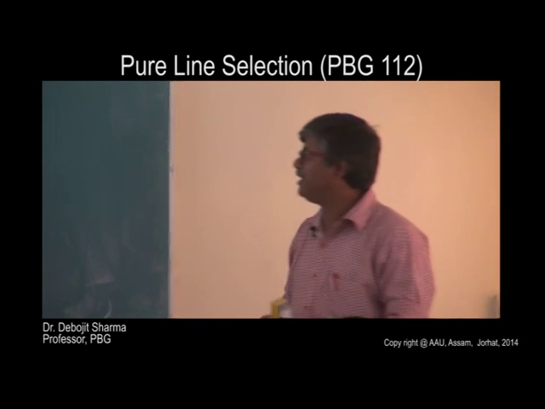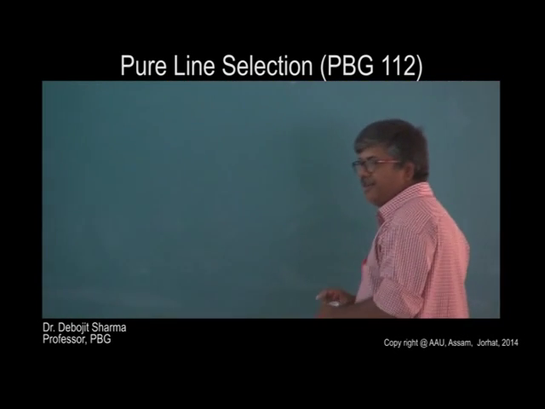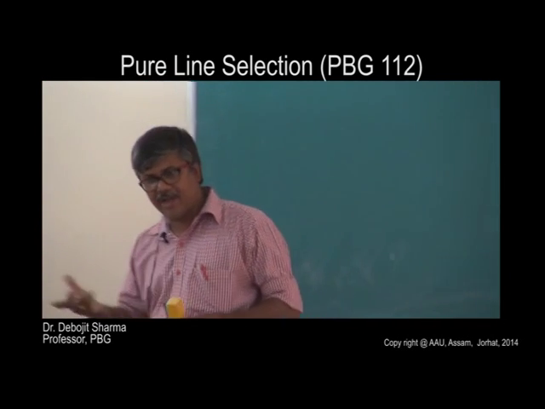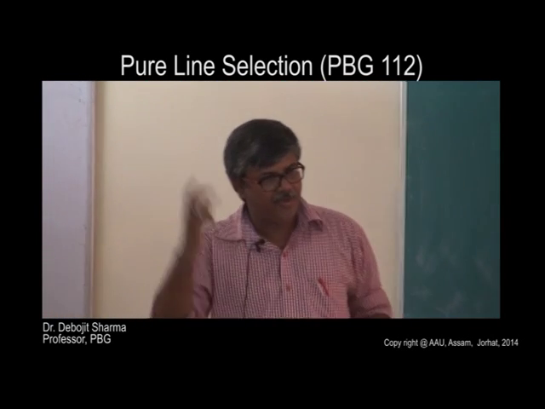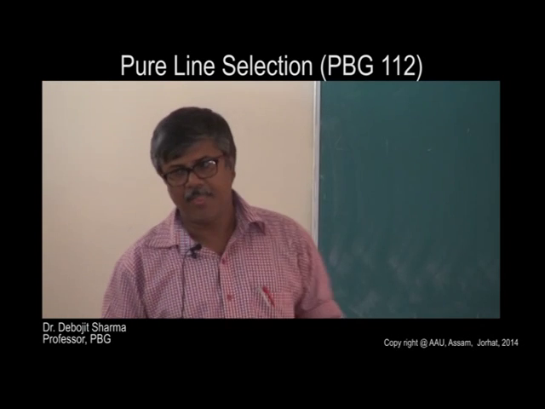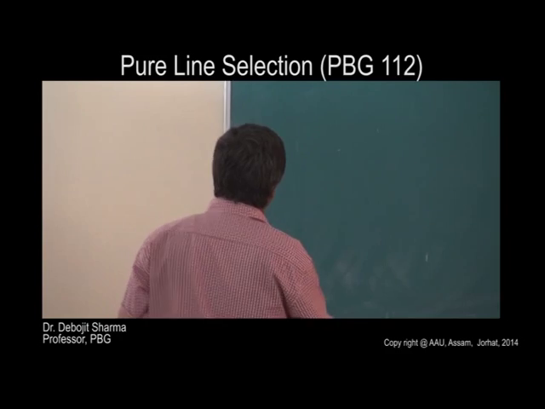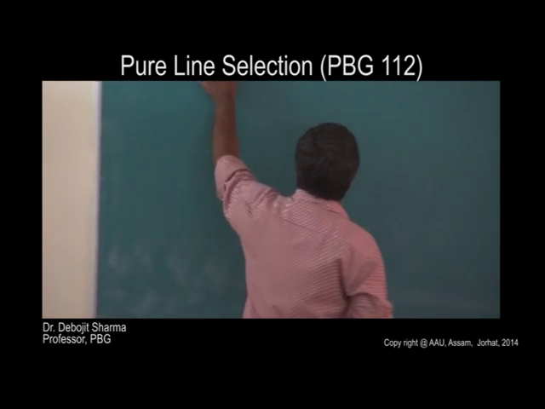Okay, but a pure line may get impure with time. If you cultivate a pure line for a long time, there may be variation within it. Then what are the sources of variation within a pure line?